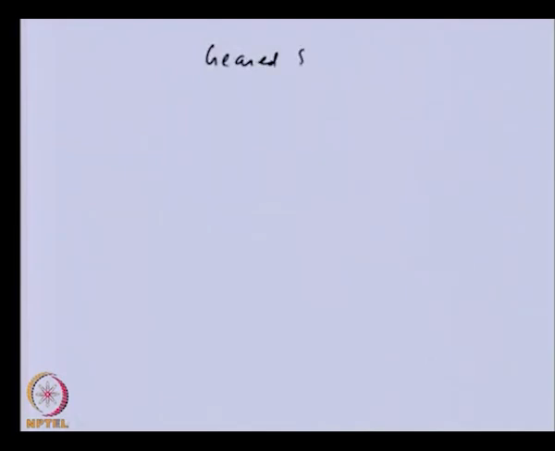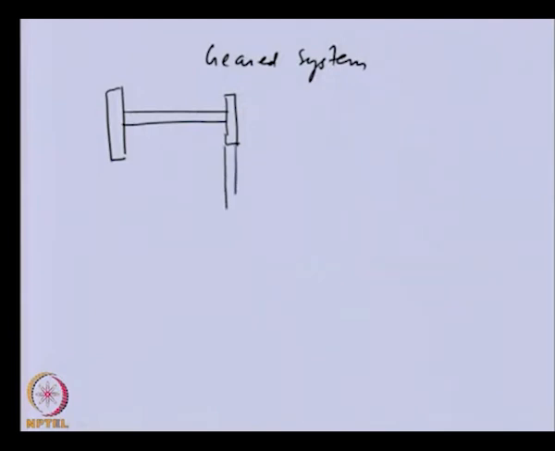In a geared system, we have one shaft which is connected to a heavy flywheel, and here there is a gear which is connected to another gear, and that is giving power to another shaft, and here another flywheel is there.